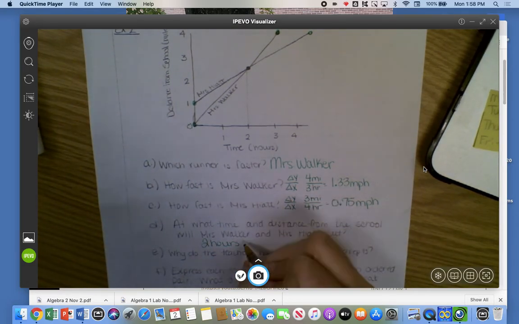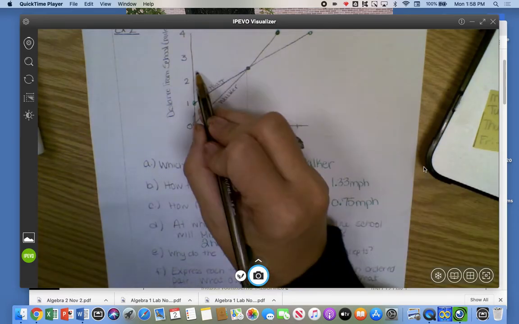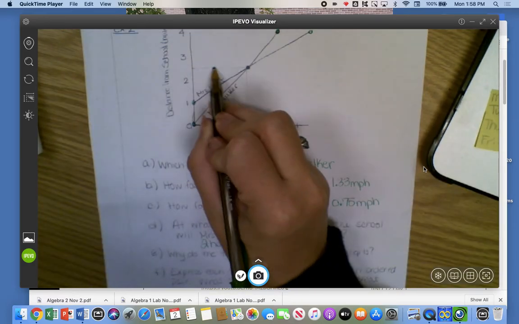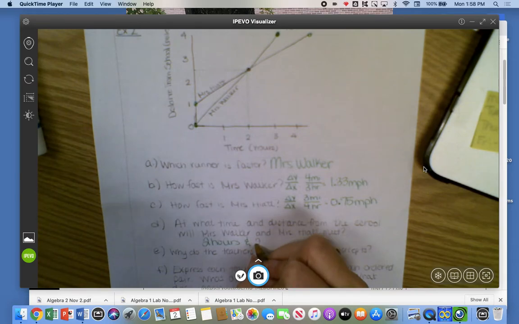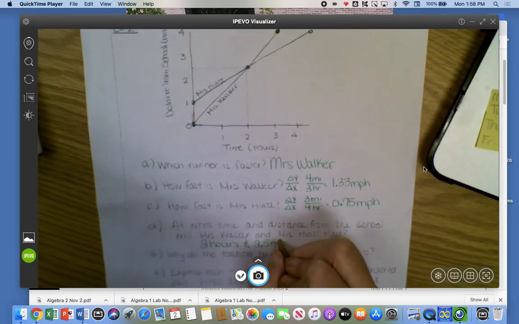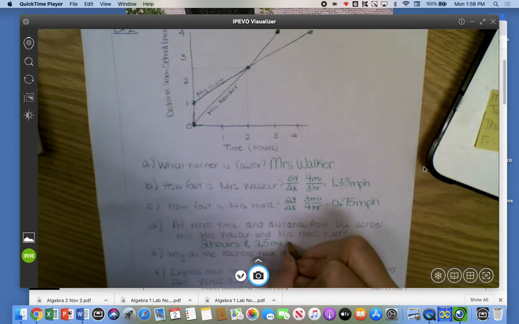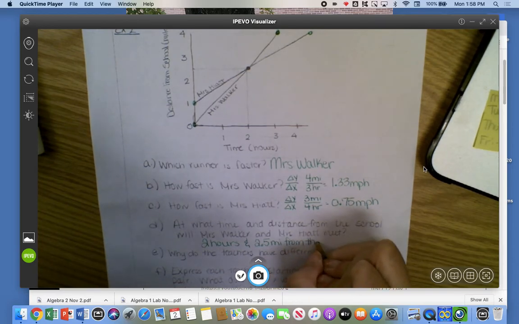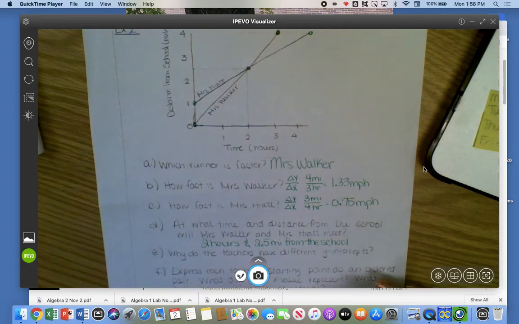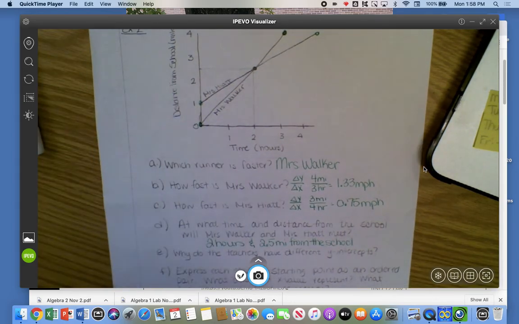And what is my distance? Let's say about 2.5. It's right in between 2 and 3. And so we would say 2.5 miles from the school. Because it's not just 2.5 miles. We're measuring distance from the school.